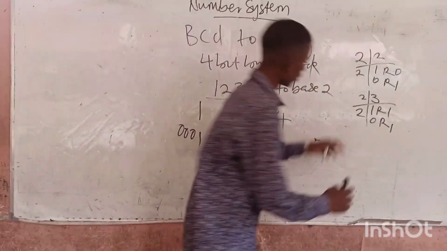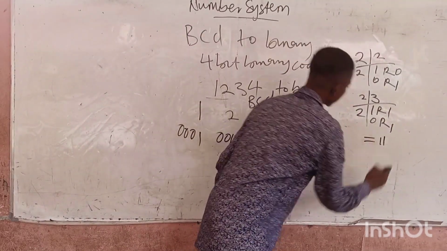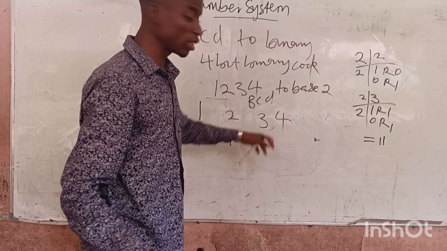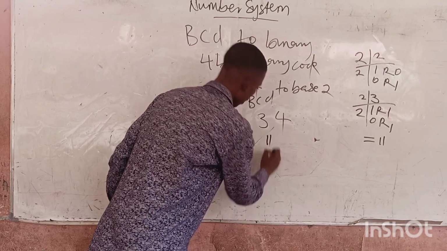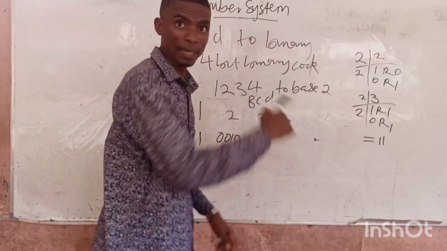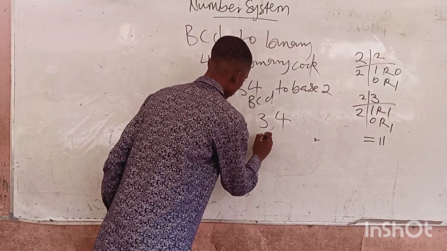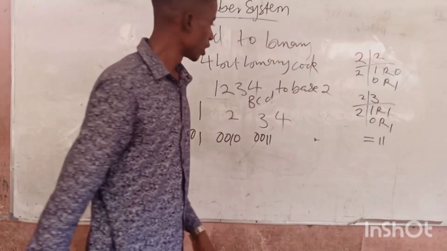So it means we have here 1, 1, which is 11. And then we complete the rest with 0, 0.